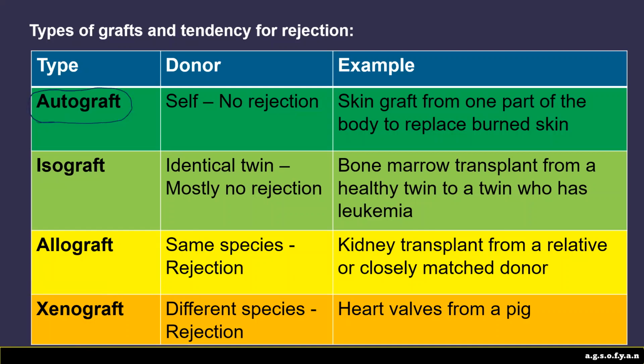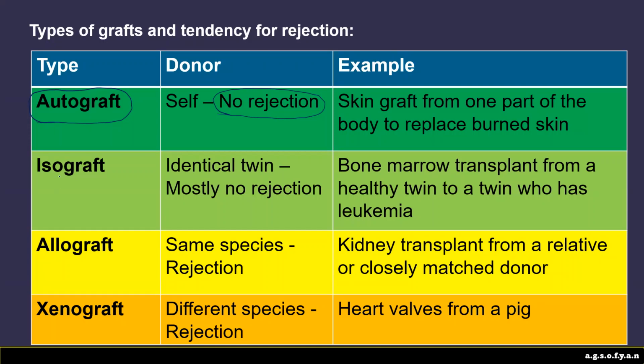Like for example, if someone has a skin graft transplantation on their face, the skin can be taken from another part of our body, maybe from their thigh. And usually if it is coming from its own body, there will be no rejection because the T cell will recognize that the graft is coming from its own body. So there is no rejection.